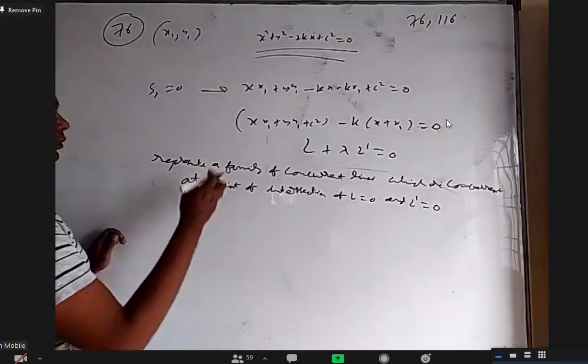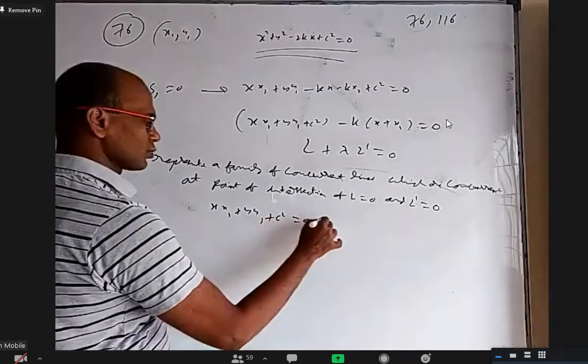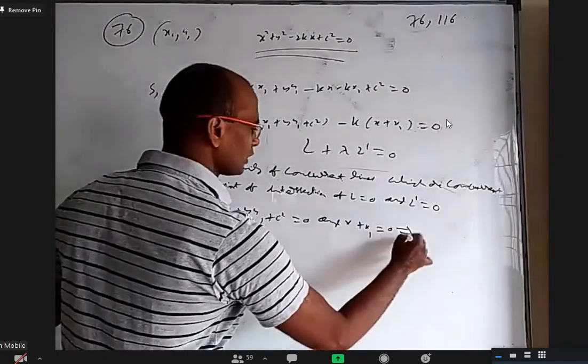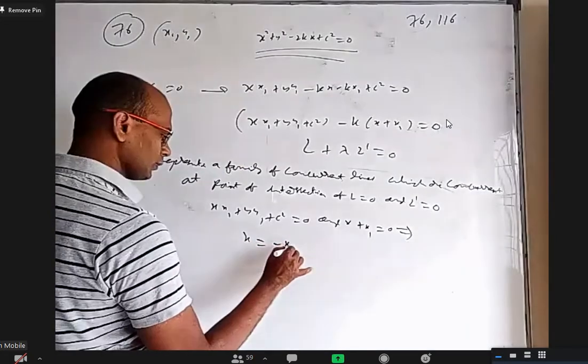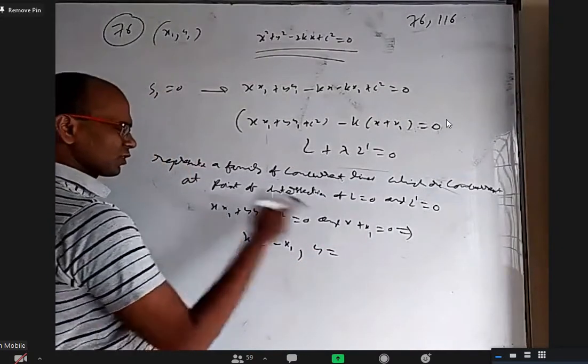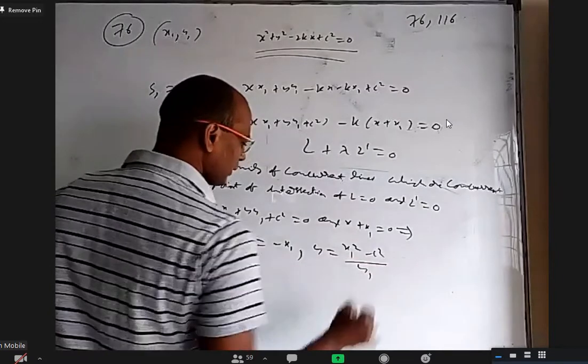Okay, so you take xx1 plus yy1 plus c square equal to 0 and x plus x1 equal to 0. Solve them. You get x equal to minus x1. And you put that here, y equal to what will come? Minus x1 square goes that side, you get x1 square minus c square by y1.